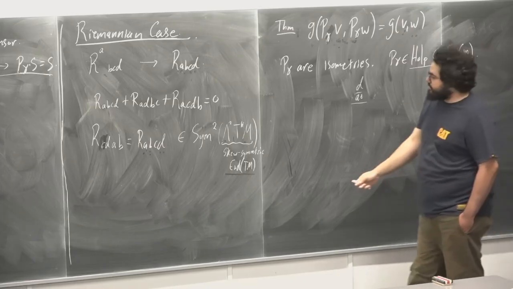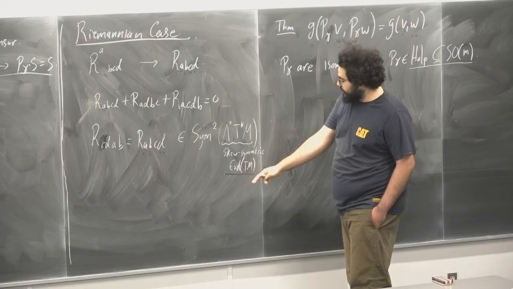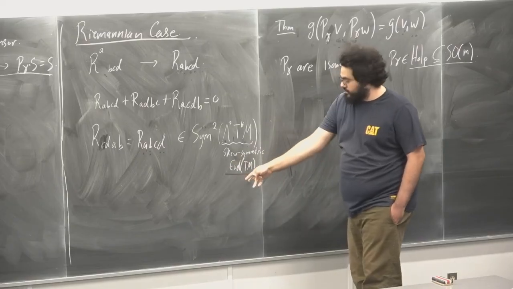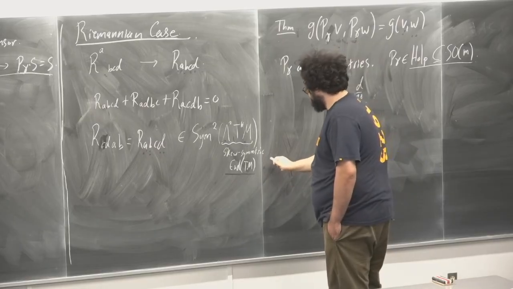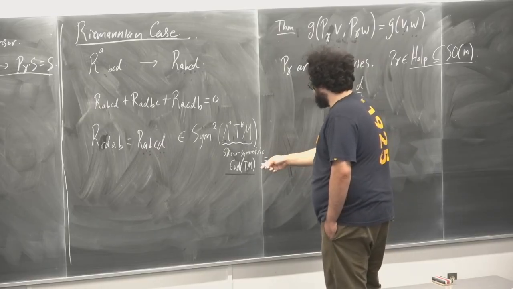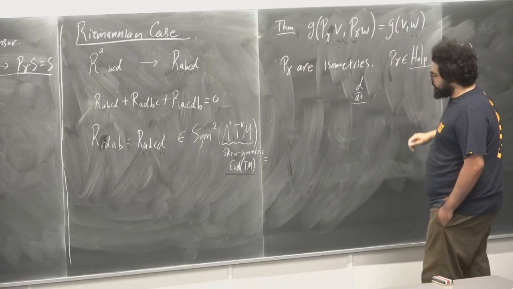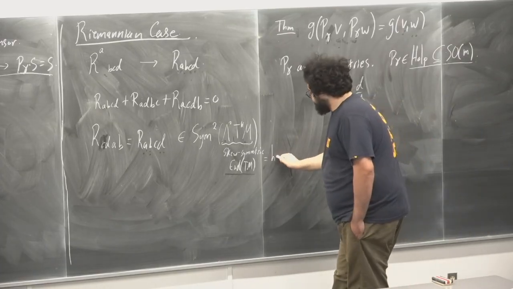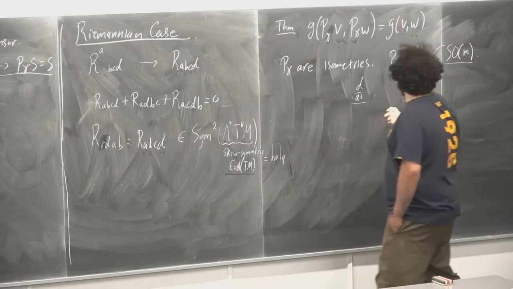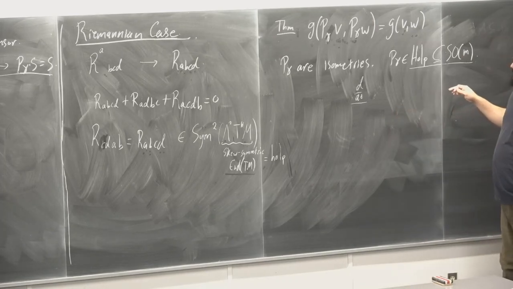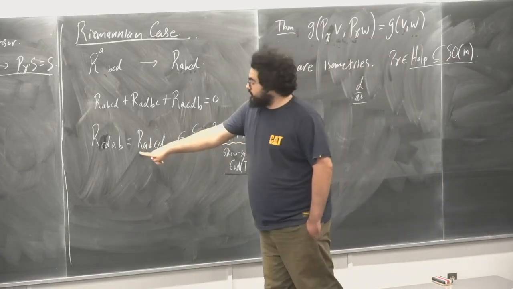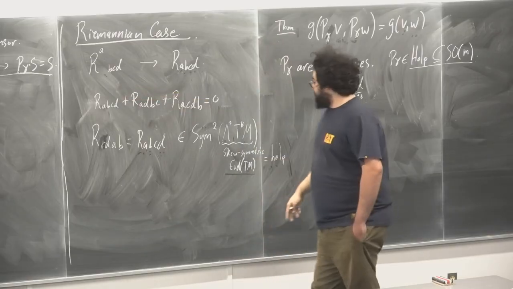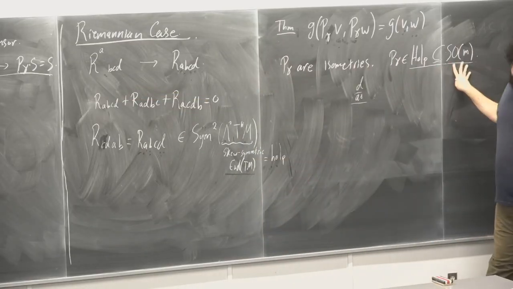So that's why here we can say that these skew symmetric endomorphisms are the same as the Lie algebra of SO(n). And that's the same as little hol_p, because, let's see, oh yeah, this has to be little hol_p, because this thing generates hol_p, and then it's also a subset of the Lie algebra of SO(n).